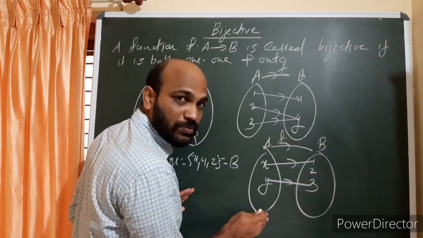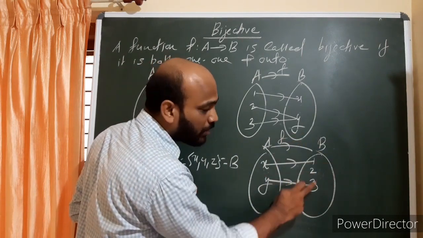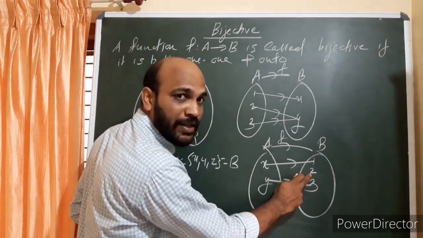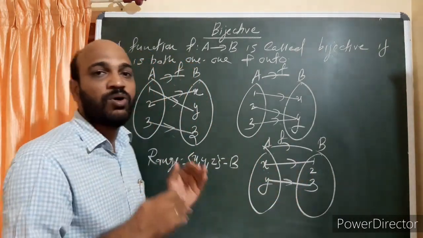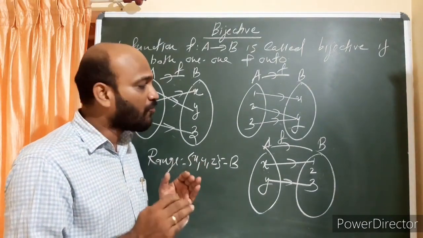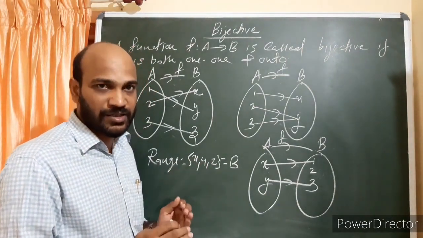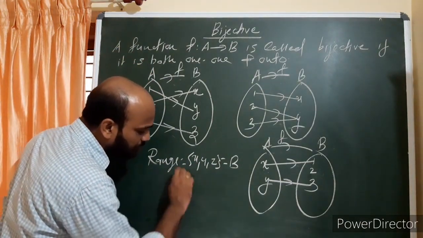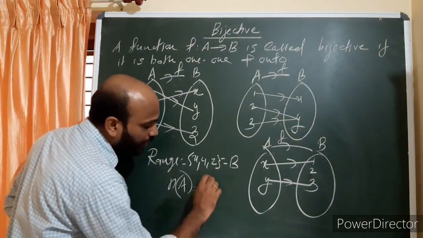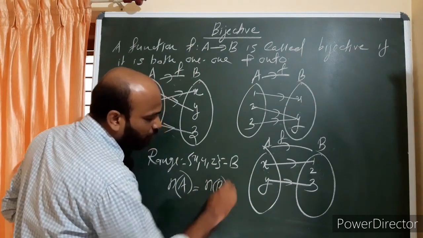What about onto? It is not onto because 2 does not have any pre-image. So if the number of elements in A is not equal to the number of elements in B, we cannot form a bijective function. So you have to note down one thing: if f from A to B is bijective, then n(A) is equal to n(B).